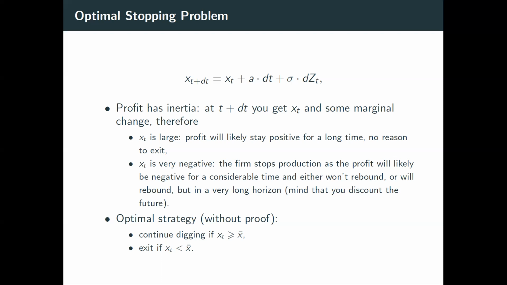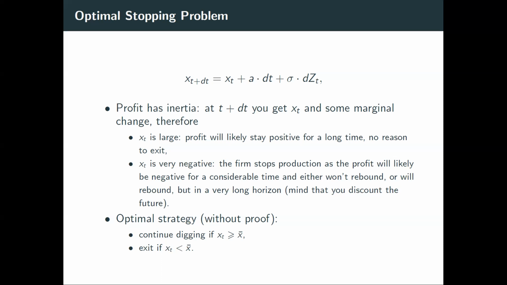But when your current X_t is very negative, then potentially you can decide to stop the production, because, again, because of this inertia, if you are very deep in negative numbers with your current profit, then it suggests that in some reasonable time horizon, you will still get negative payoffs, right? And therefore, if at all you will get some positive profits in the future, this future can be too distant from today.